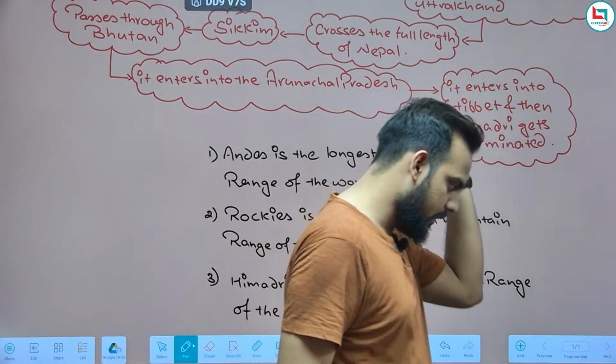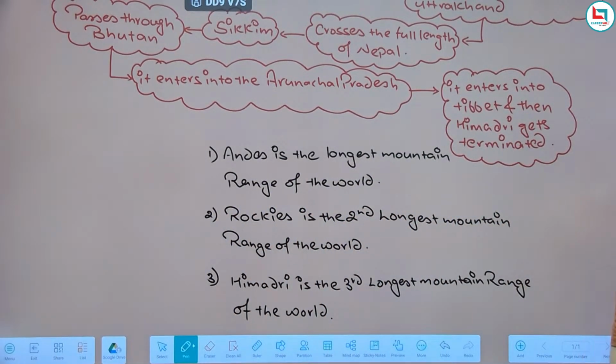So these are the things that we need to understand about Himadri. Are we good about this? This is the factual thing that could be asked in our examination, and we should know about it.